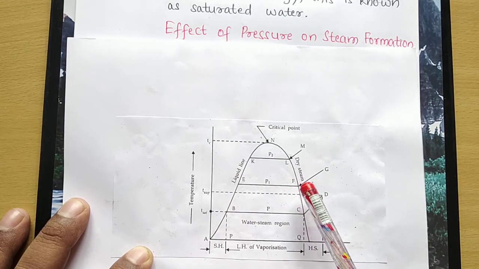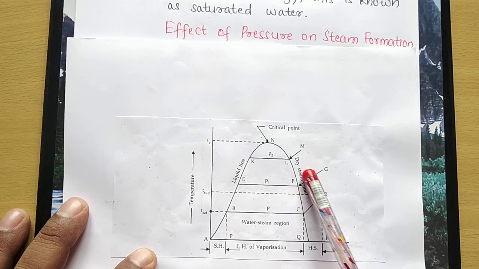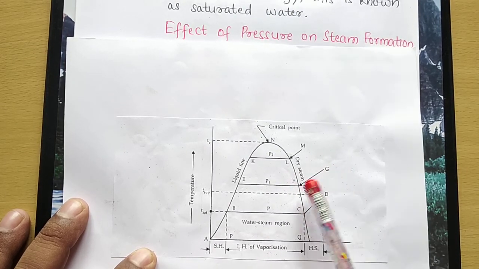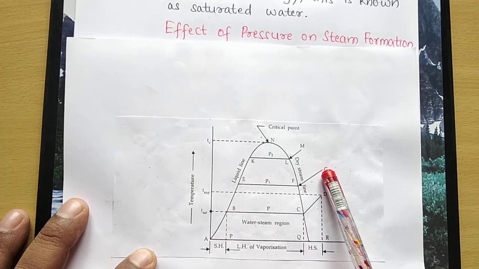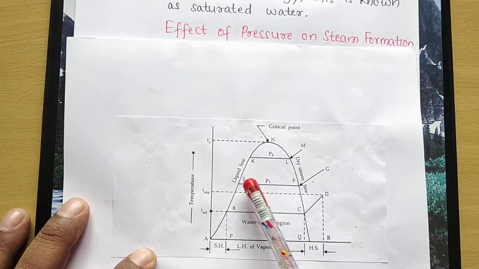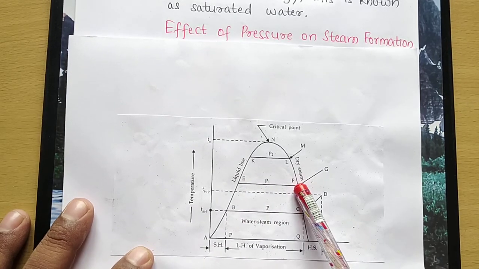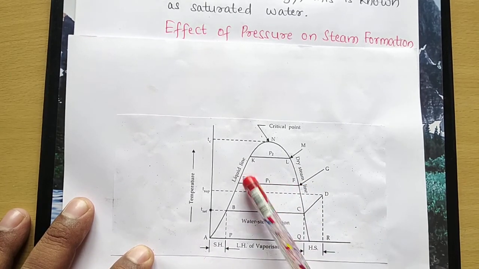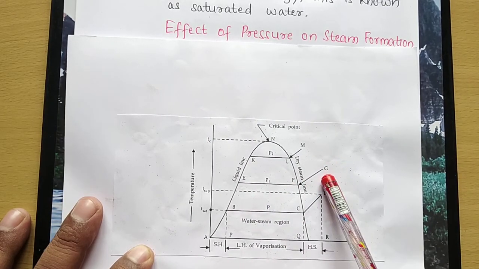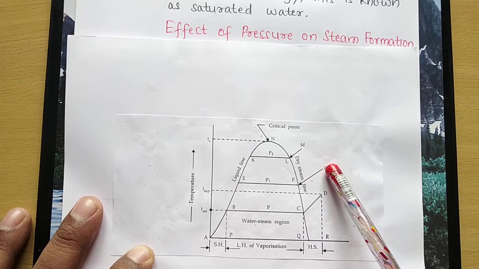At F you have dry saturated steam, and when we heat this further we have superheated steam, that is F to G. So A to E is the sensible heat region, E to F is the amount of latent heat, and F to G is the degree of superheat.